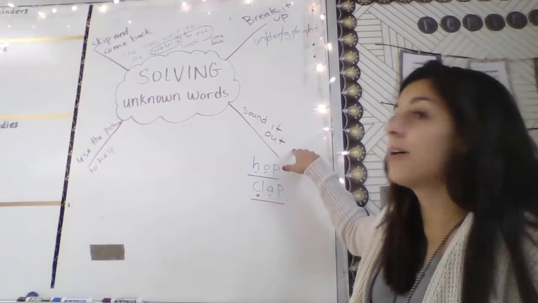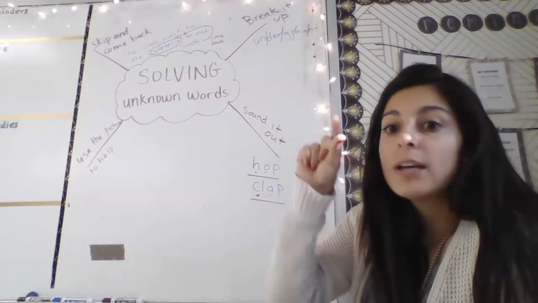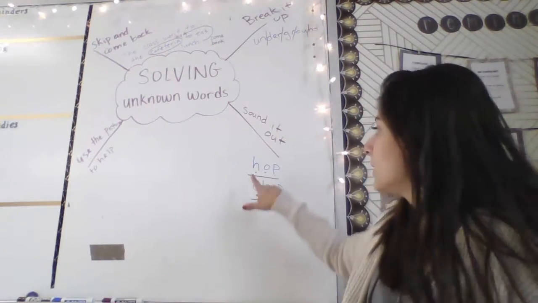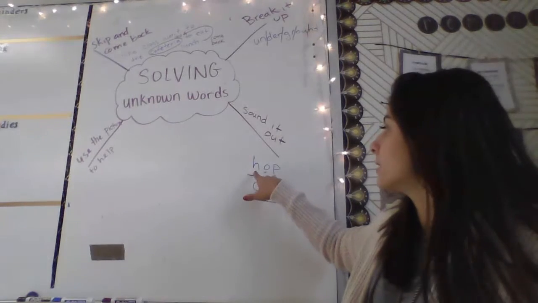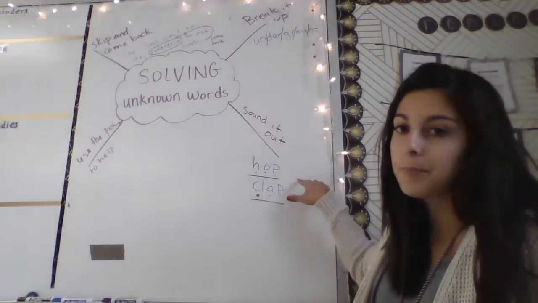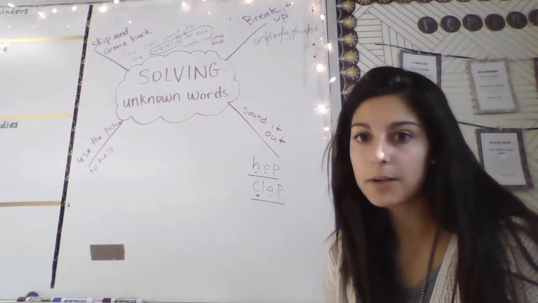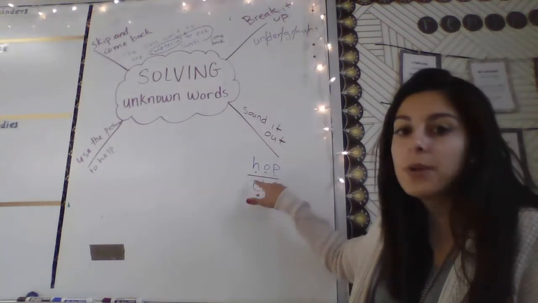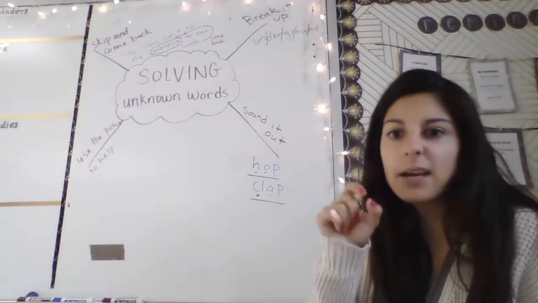We started with sound it out. That's when you sound every sound of the word out, right? So like the word hop, I would start with the H and I'd say hop. That's me sounding out the word. Also with clap, I'm gonna clump the C and the L because it's gonna make a sound together.